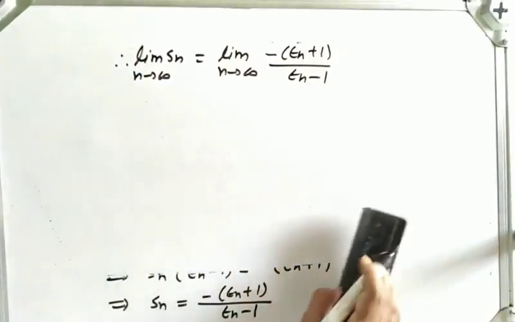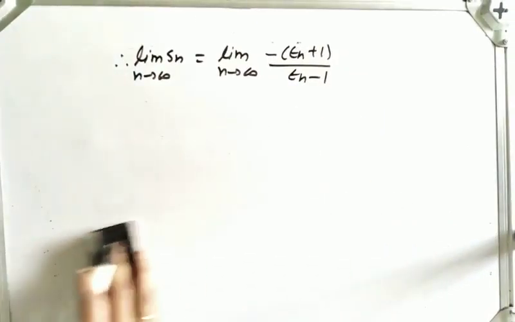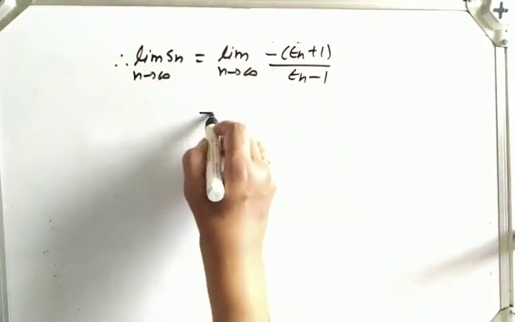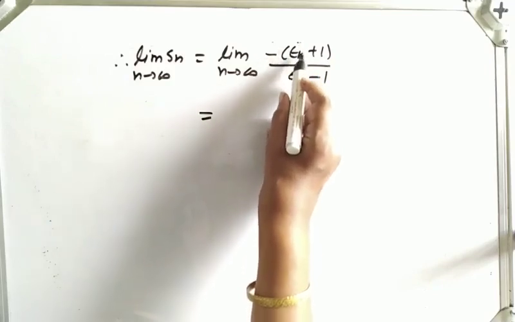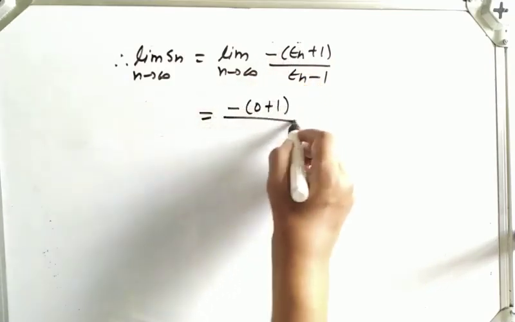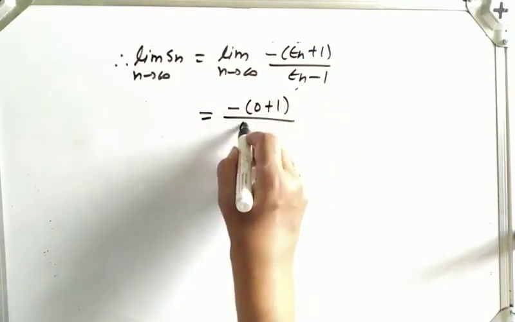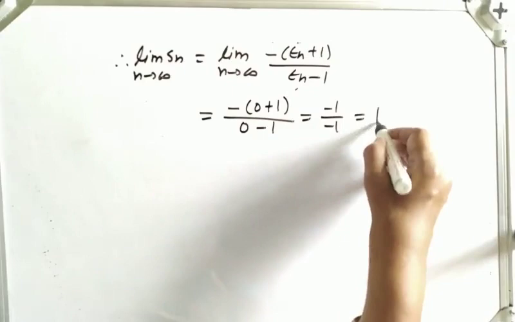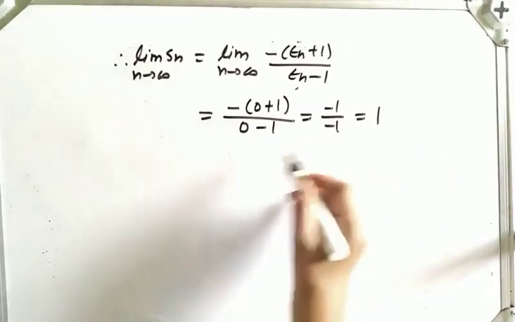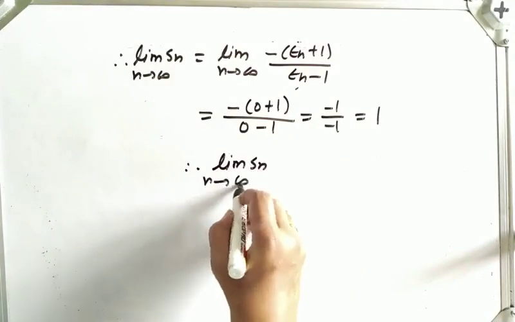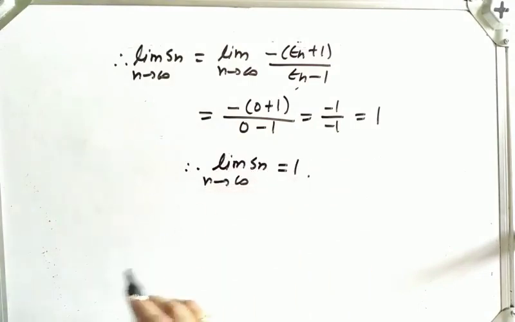And we have written that limit of epsilon n as n tends to infinity is equal to 0. So after applying limit, epsilon n goes to 0, so minus 0 plus constant 1 as it is. Limit of this, 0 minus 1, means we get minus 1 upon minus 1, that is 1. Okay, which we have to prove. Therefore, limit of Sn as n tends to infinity is equal to 1.